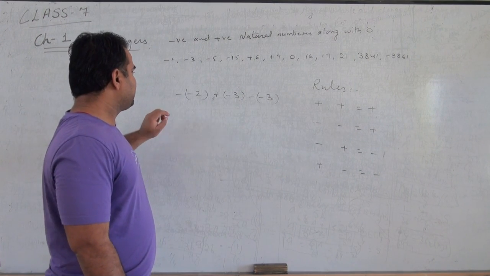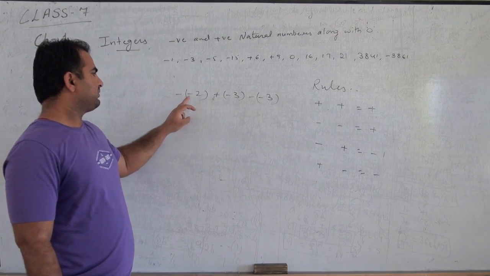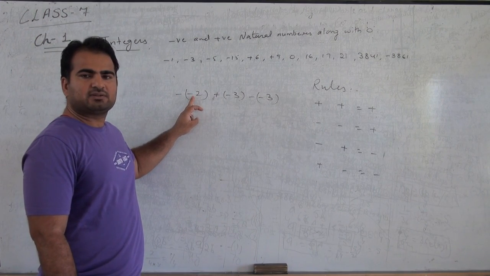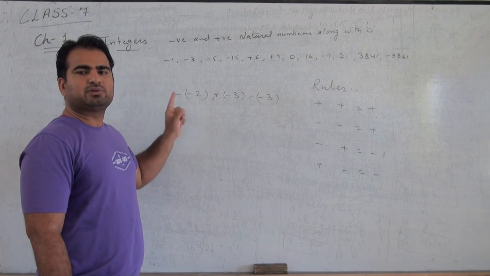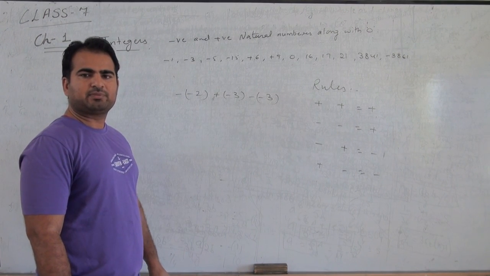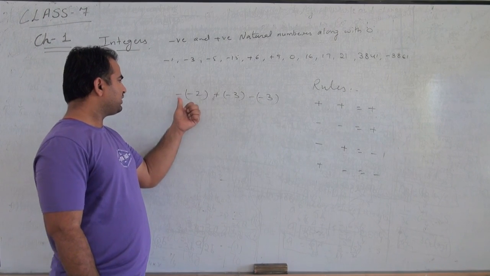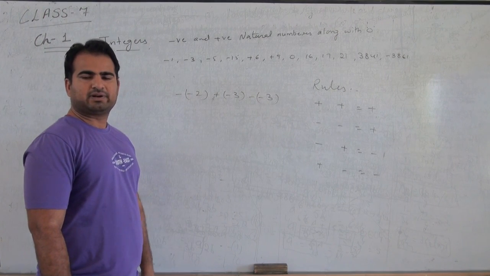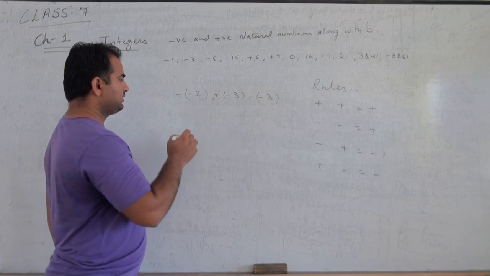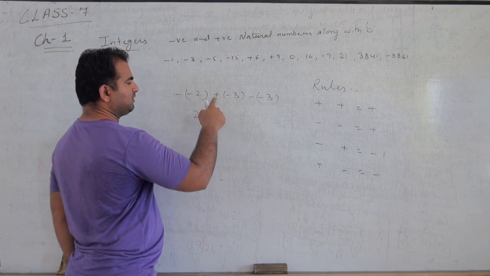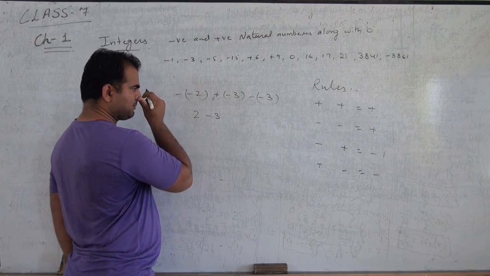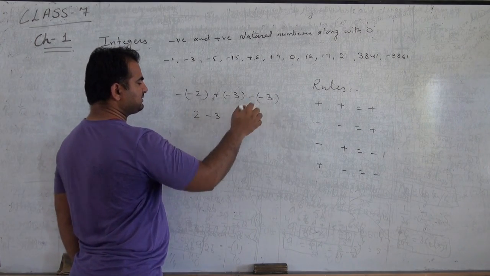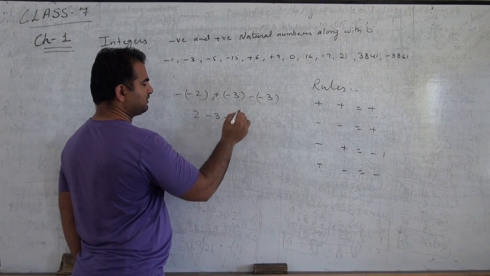So we know that if a sign is inside the bracket and one sign is outside the bracket, we have to multiply both the signs. What is minus into minus? Plus 2. What is plus into minus? It's 3 but negative. What is minus into minus? It will be positive 3.